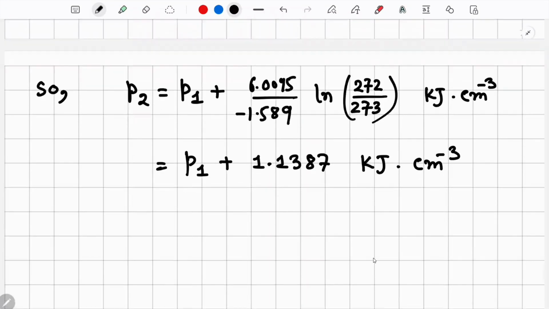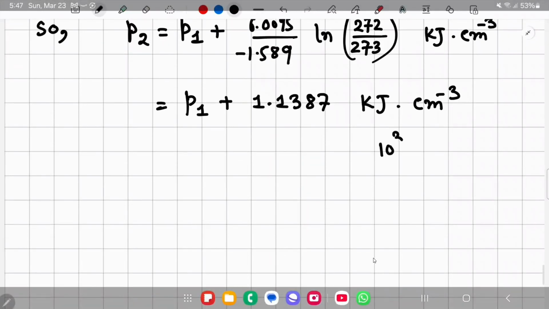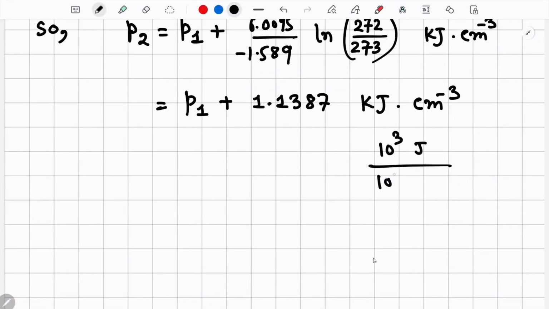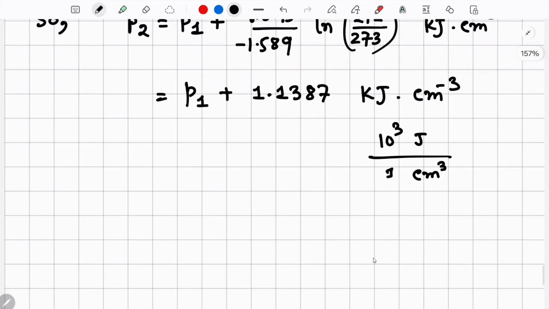Yes. Now kilojoule per centimeter cube means 10 to the power 3 joule by 1 centimeter cube. And joule is Newton per meter square. Is 1 centimeter cube 10 to the power minus 6 meter cube?